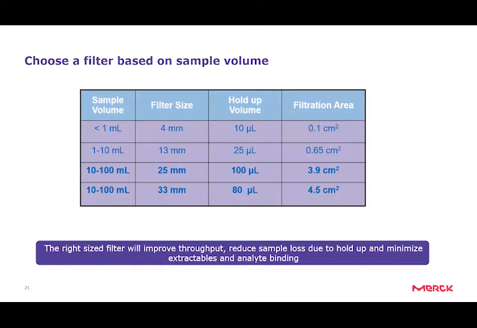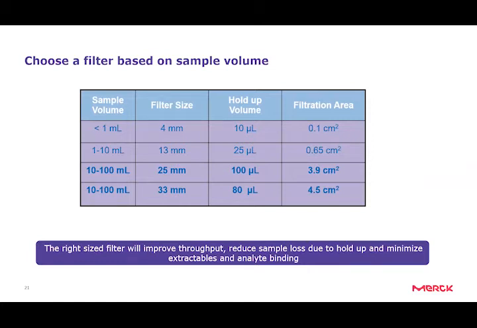If you have a sample volume less than 1 ml, typically we recommend syringe filters of the size of 4 millimeter, simply because they have smaller sample hold-up volume, and also because they have smaller membrane area, which leads to lower amounts of extractables and analyte binding.